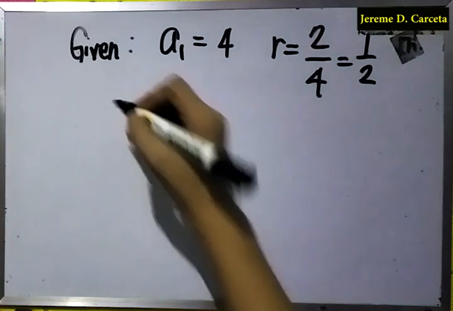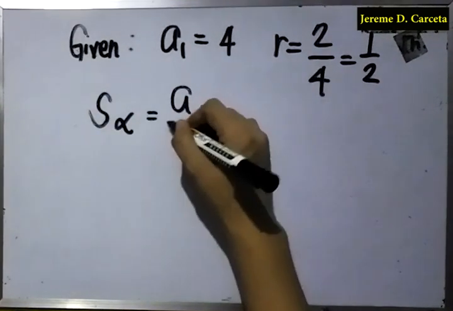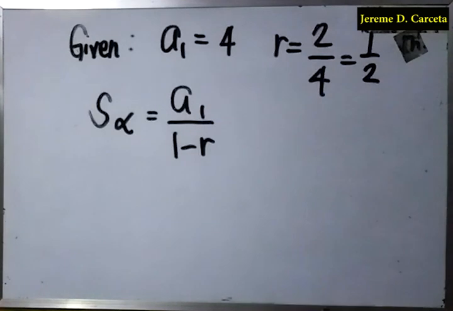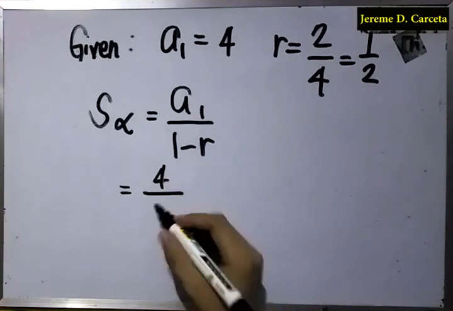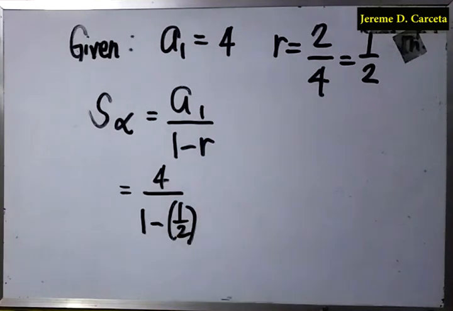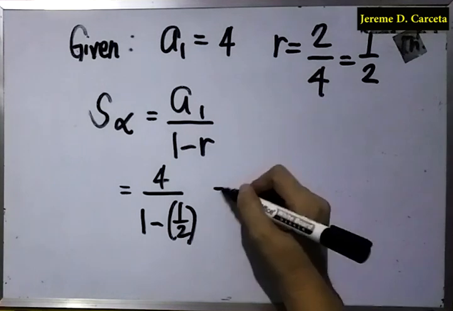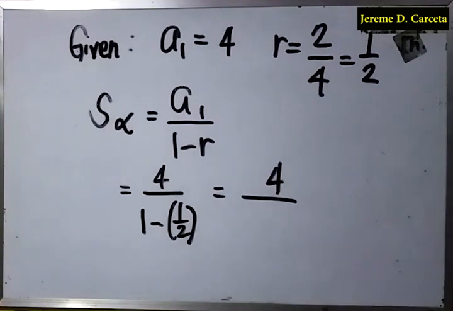By using our formula, a sub 1 over 1 minus r, by substitution, we will have 4 over 1 minus 1/2. Then let us simplify this. We have 4 over 1/2.